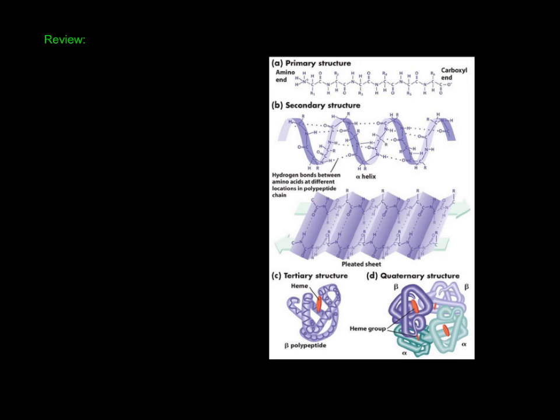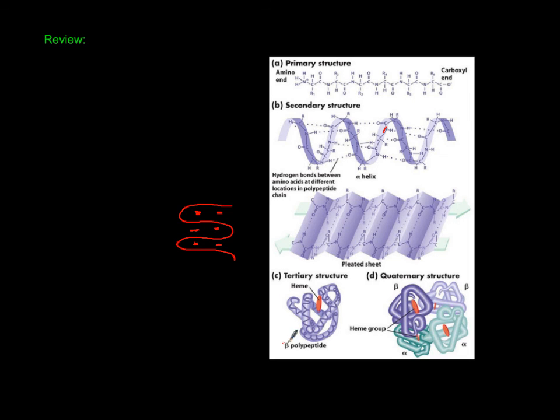To have a review, so primary structure is when amino acids in a sequence are going to go and form a polymer, condensation. Now this strand could fold into itself to give you alpha helix, or it could fold in this fashion and give you beta pleated, and the hydrogen bondings are going to hold them in place.